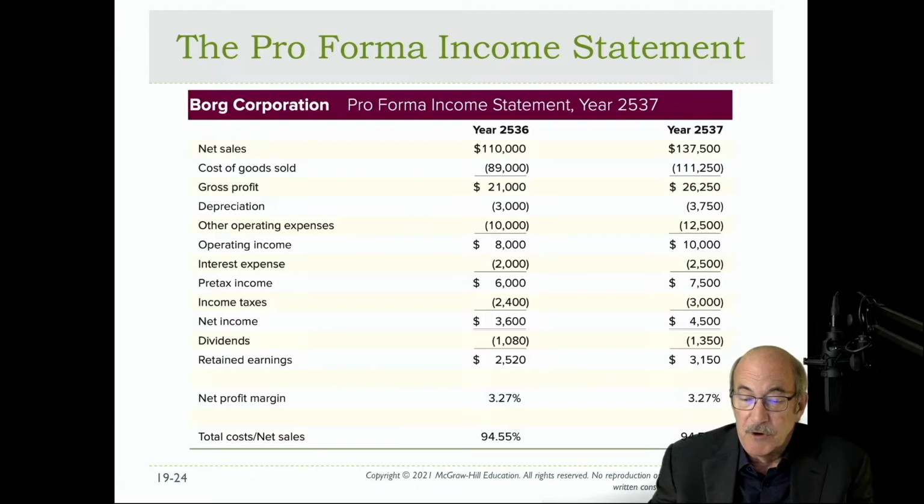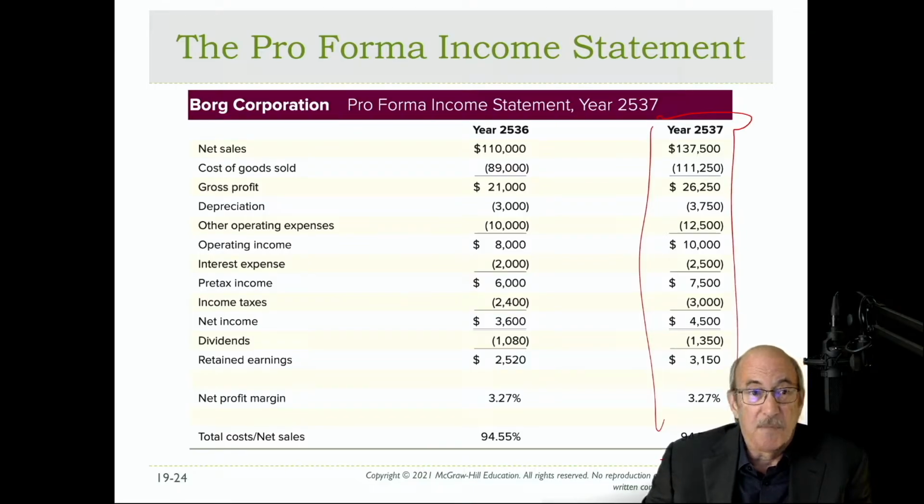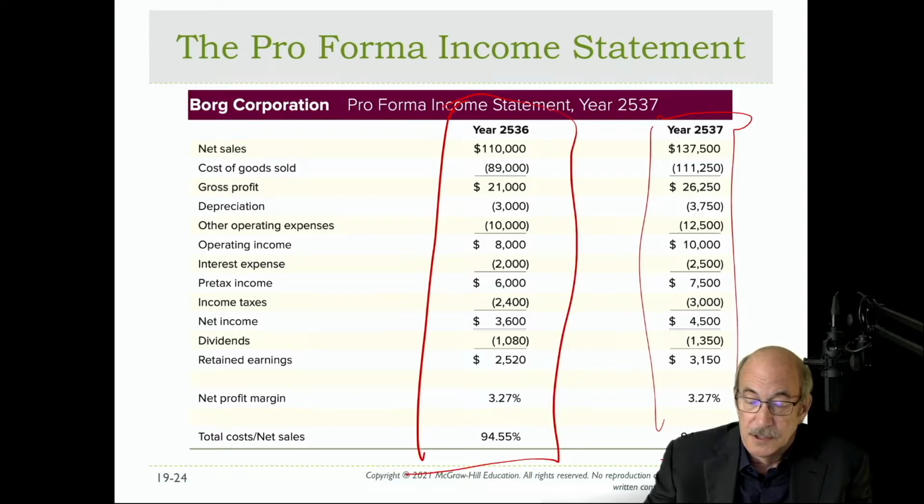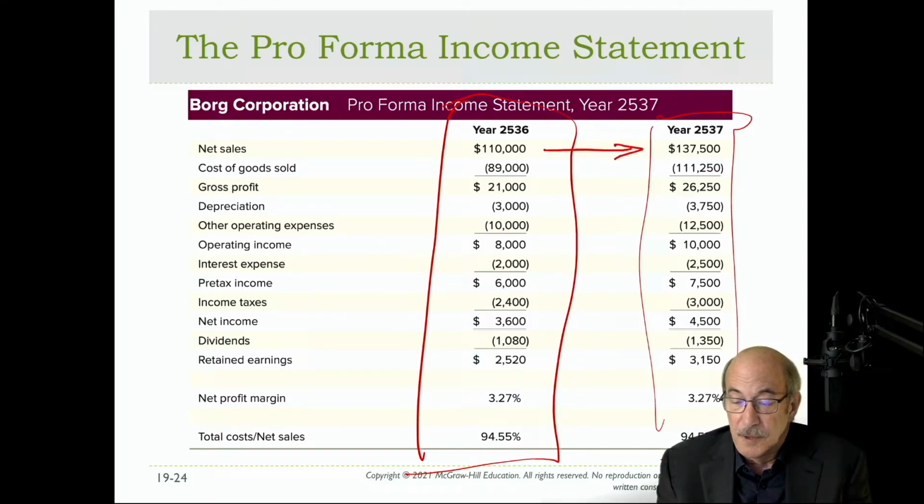So here is a pro forma income statement, and the pro forma part obviously is just this 2537 part of it, and here is the current income statement. So you see how sales goes up by 25%. We also have our cost of goods sold going up by a similar amount.